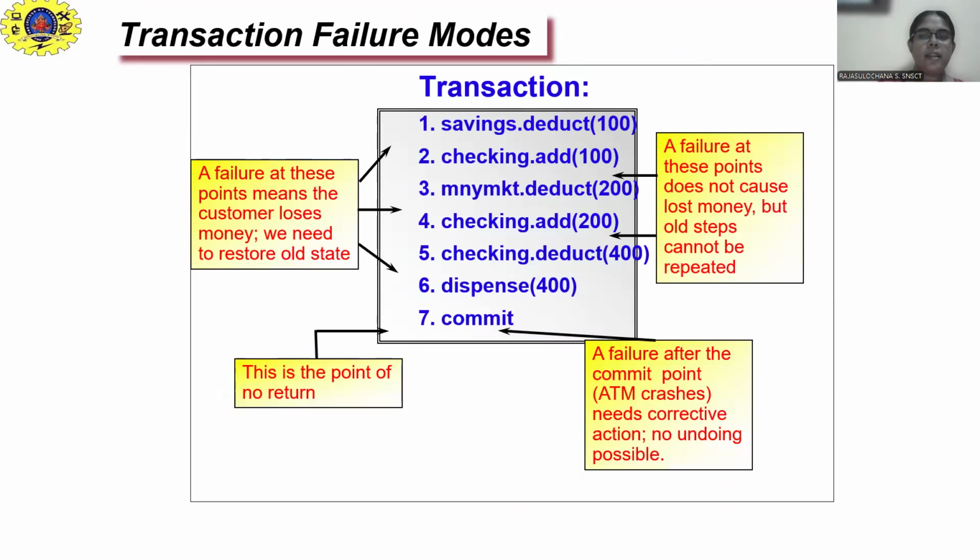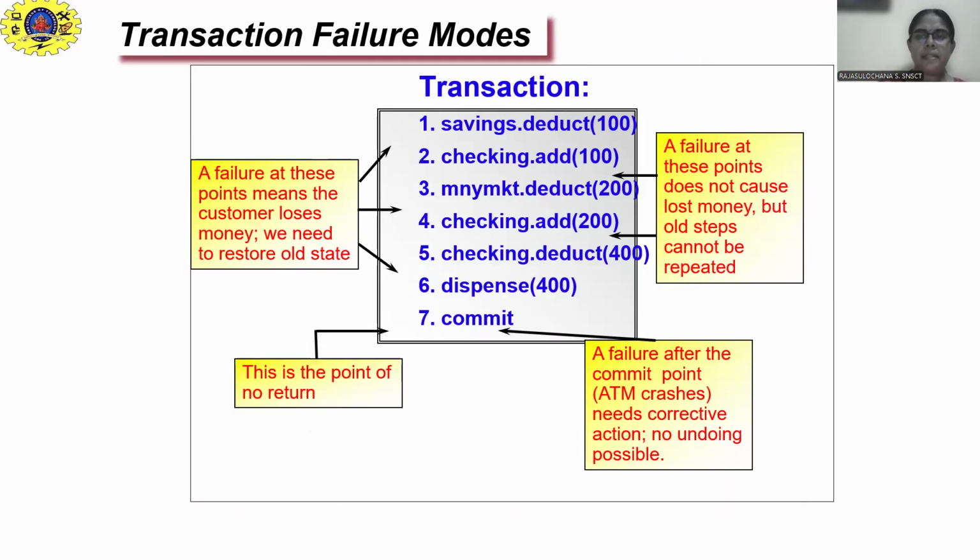So here are various stages where a transaction can fail. Initially, say for example, the customer A has debited 100 rupees from his savings account, and he has added 100 rupees to his checking account.